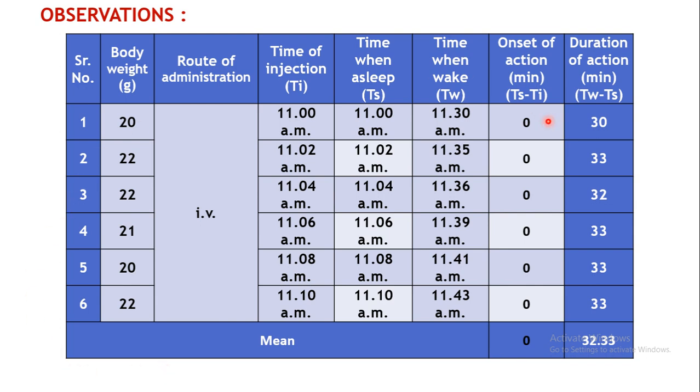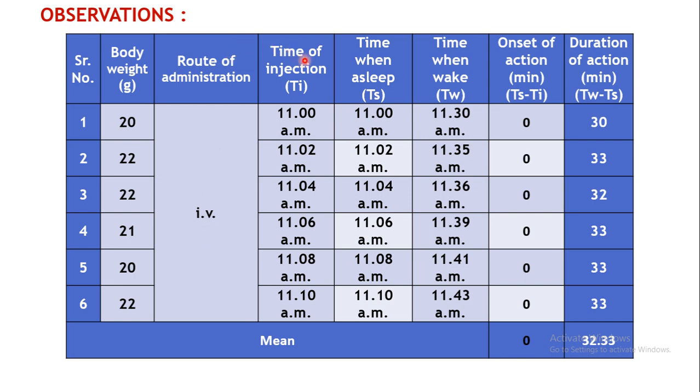Now this particular table shows the data for the IV route, when you administer the drug by the IV route. Three different groups have been made. The first group contains 6 animals, and the weight is also in the appropriate range. The route we have used is the IV route.